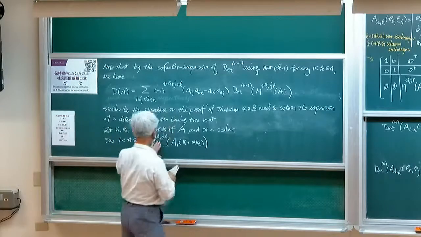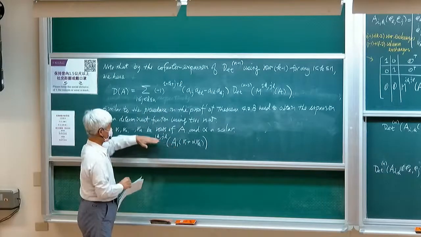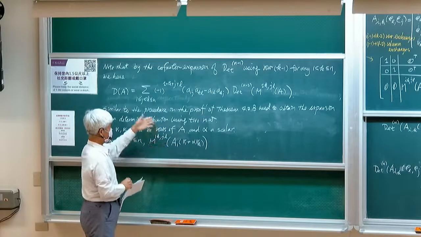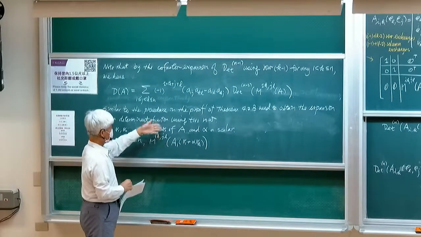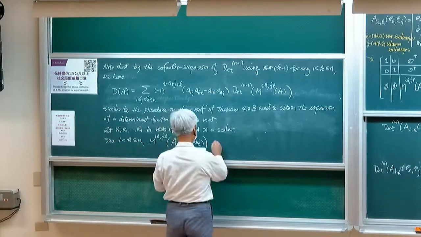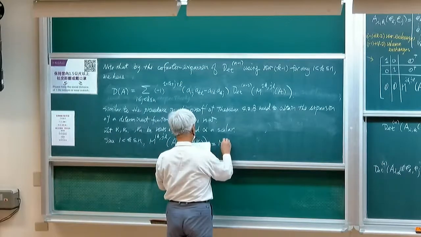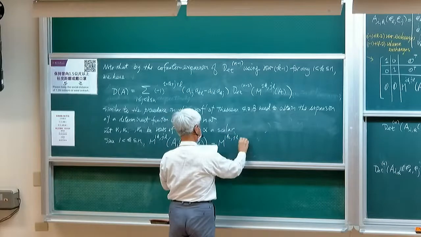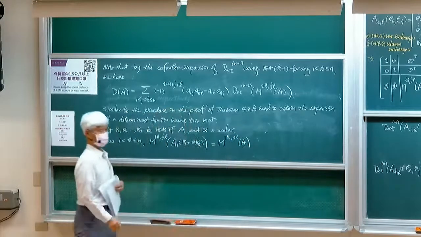But once you do so, when you remove the first row, the K-th row, the J-th column and also the L-th column, you find that this is actually the same as M1K JL on A.